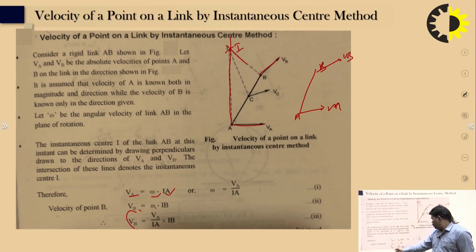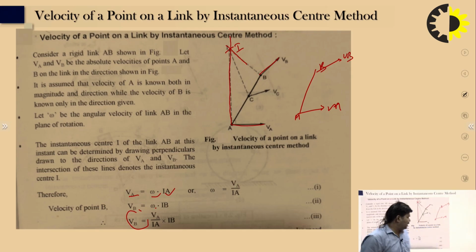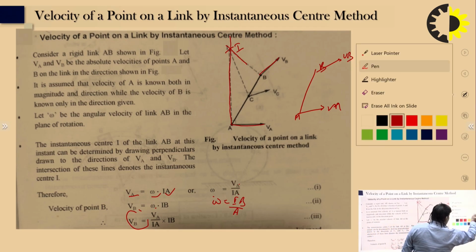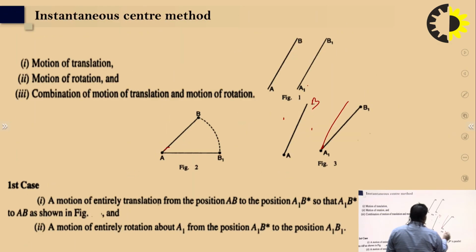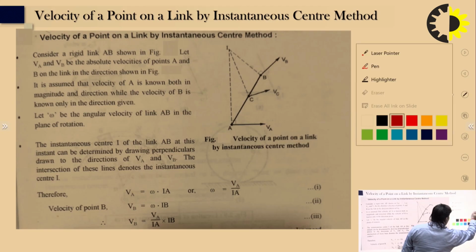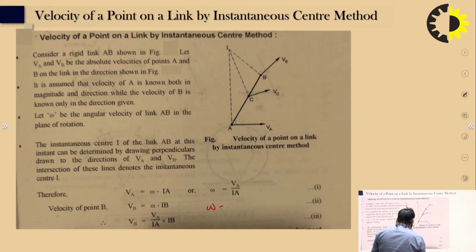So VA equal to omega into IA, or omega equal to VA upon IA, and again VB equal to omega into IB, then omega equal to VB upon IB.